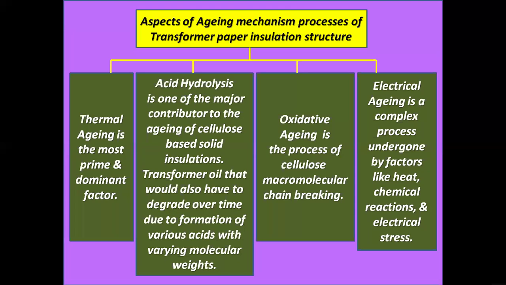Oxidative aging is the process of cellulose macromolecular chain breaking. And the last one, electrical aging, is a complex process influenced by factors like heat, chemical reactions, and electrical stress.